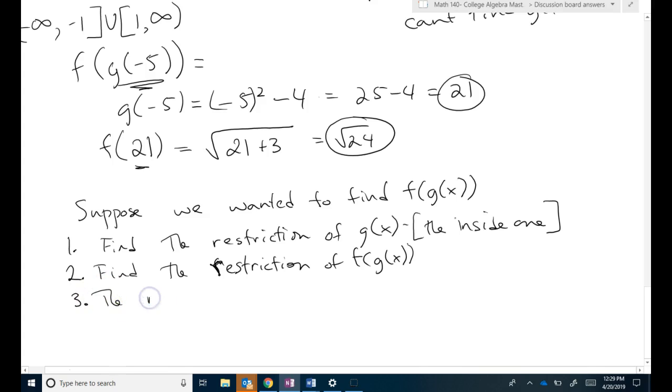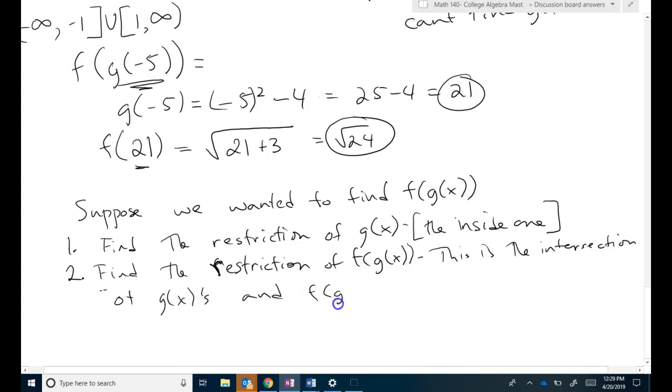The restriction is the intersection of g of x's and f of g of x's domains.